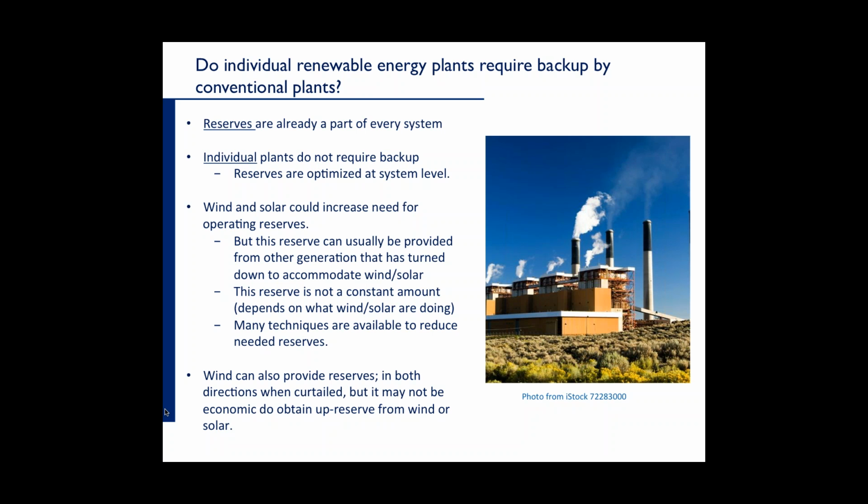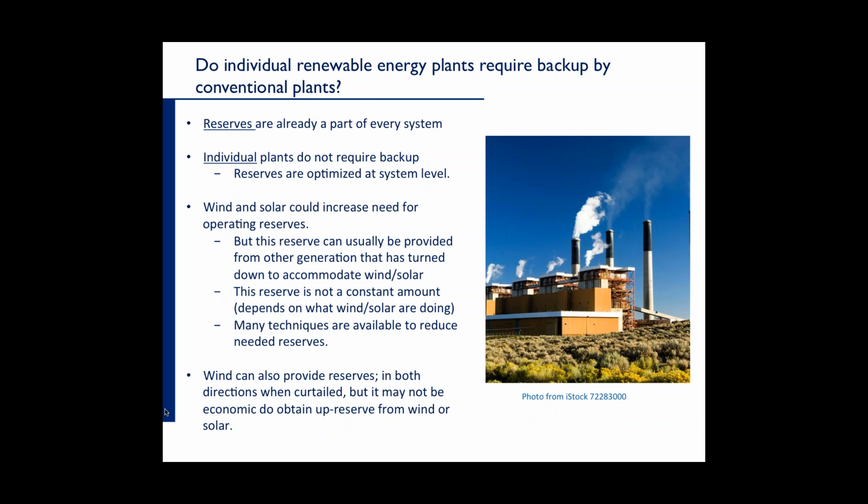The other thing to note is that, let's take two extreme examples. I have a wind plant and it's generating 0 right now because there's no wind. Well, I don't need any reserve to guard against wind dropping off because it's already 0. It can't go below 0. And the other extreme, suppose that my wind is generating at 100%.